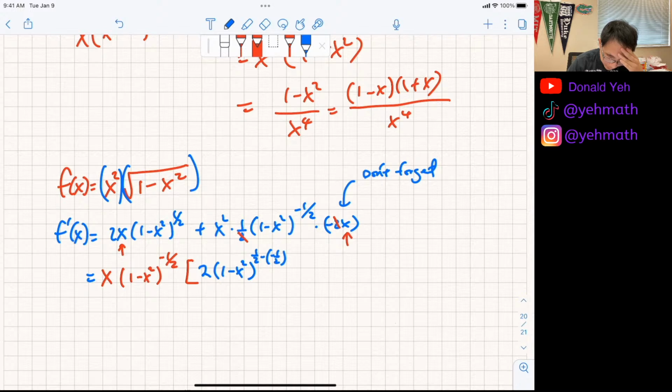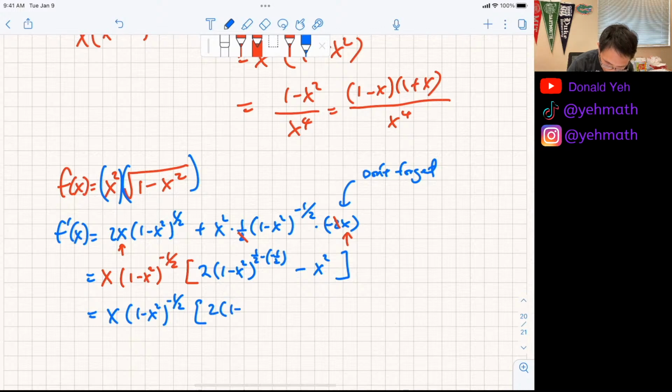And for the second one, it's going to be minus x squared. Why x squared? Because negative 1/2 is completely factored out. You have x squared. So then you got x times 1 minus x squared to the negative 1/2. And this one's going to be 2 times 1 minus x squared to the first, minus x squared.